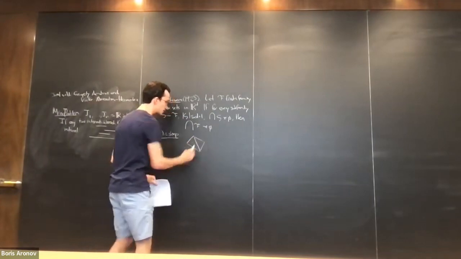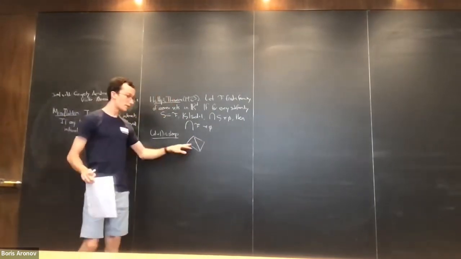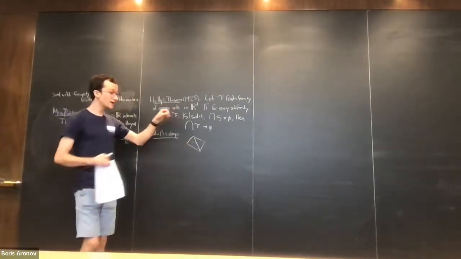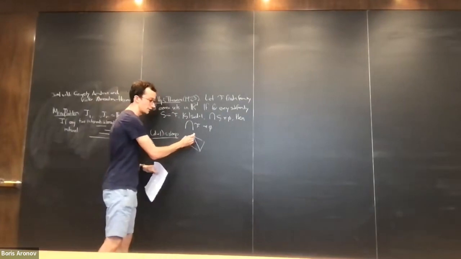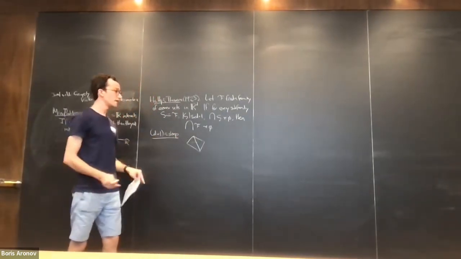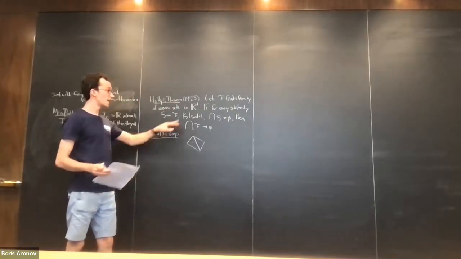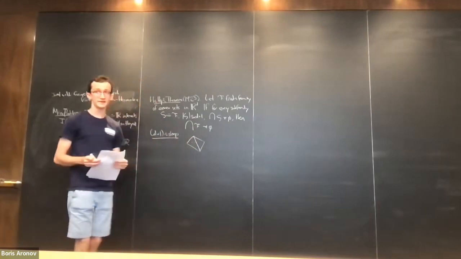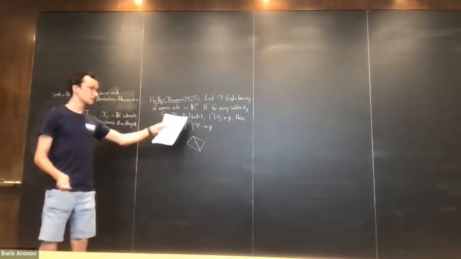We take the simplex in R^d. It has d plus 1 facets, and any d facets intersect at a vertex. So in R^3, any 3 facets intersect at a vertex, which satisfies this condition. However, the intersection of all the facets is empty. So d plus 1 is very necessary here.